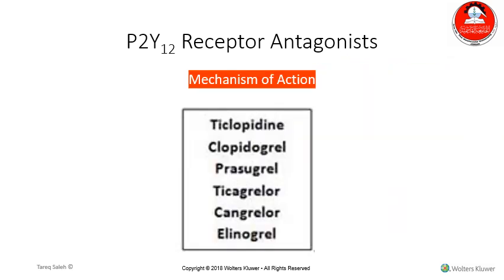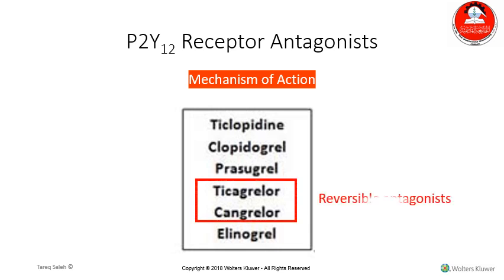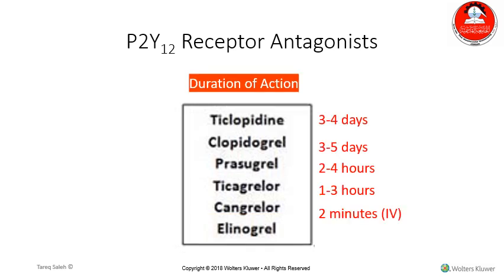There are, of course, differences amongst the drugs in this class. For example, ticagrelor and cangrelor bind to the P2Y12 ADP receptor in a reversible manner. However, the other agents inhibit the receptor irreversibly. Also, the maximum inhibition of platelet aggregation is achieved in response to these drugs in different periods of time.